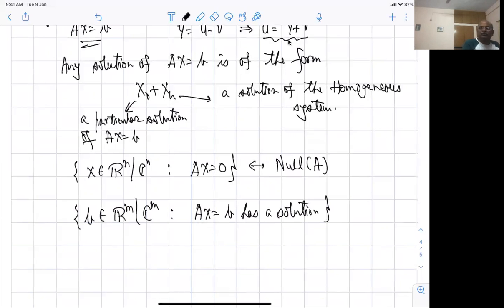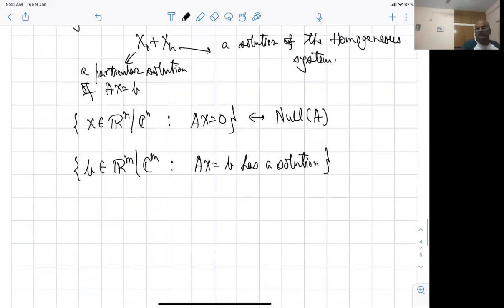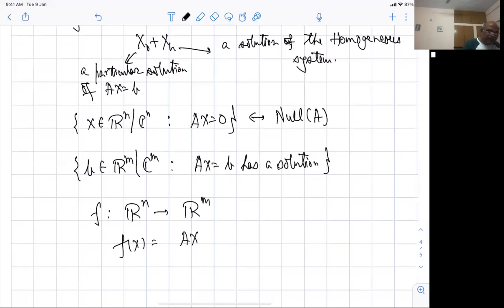So I need to understand these two things. We'll do it afterwards, maybe after a week or 2 weeks. The idea here is that I have a function f from Rn to Rm or from Cn to Cm, and I define f of x as Ax. The first set looks at which points are being sent to 0, and the second is nothing but the image of the function f.